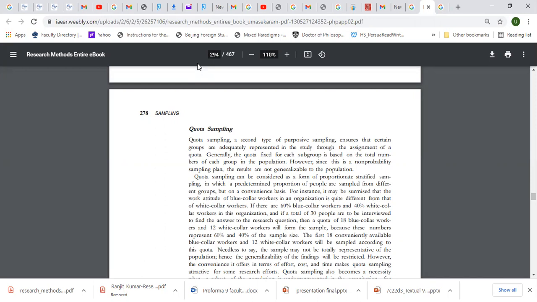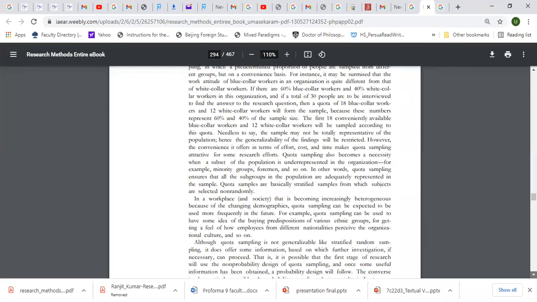So if you are taking data from males and from females, they are different, and you make quotas within one group, and then you take data from maybe multiple groups. But the thing is that you cannot generalize the data over the whole population, the way it is done in probability sampling. It is not possible in non-probability sampling. That is why we call it quota sampling, because you cannot generalize the data in that.